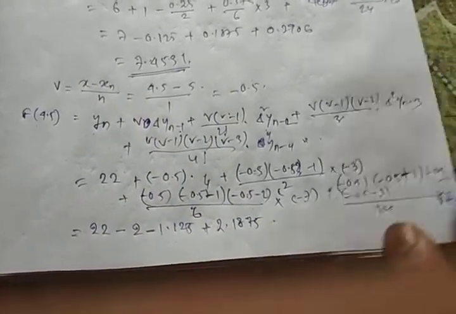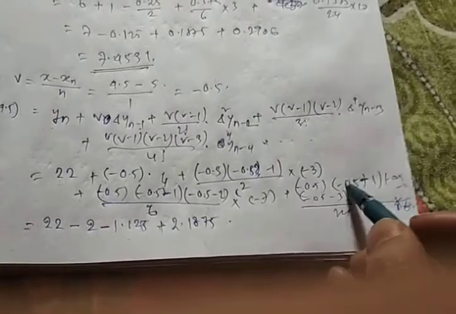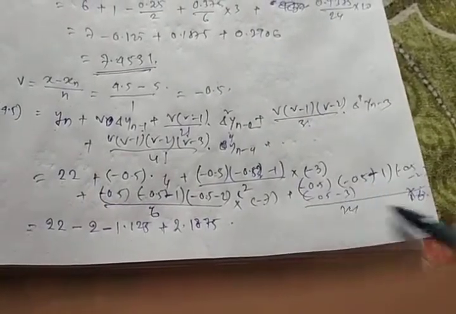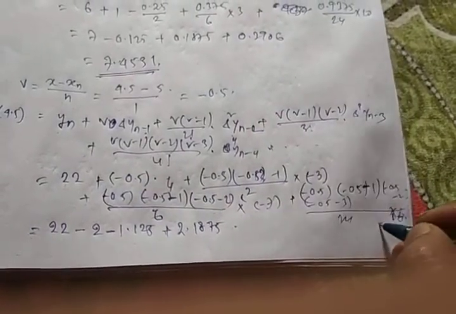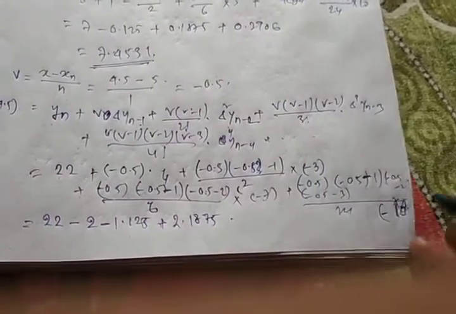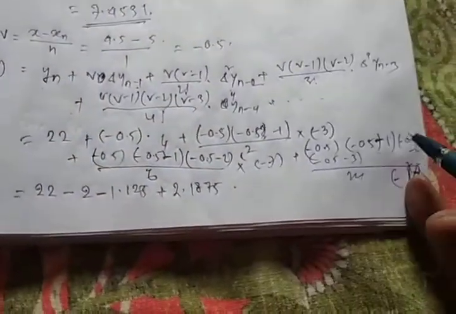Next, this is minus, total four minuses, and minus 10, as delta 4 yn minus 4 is minus 10. So this is minus 10.